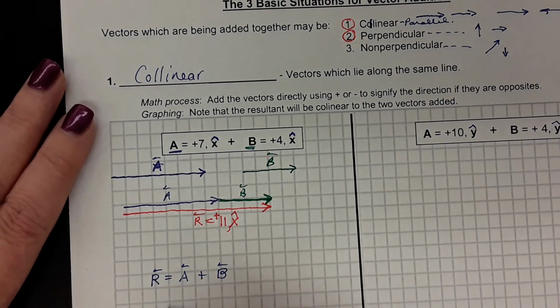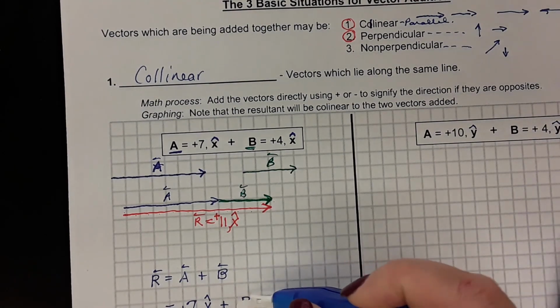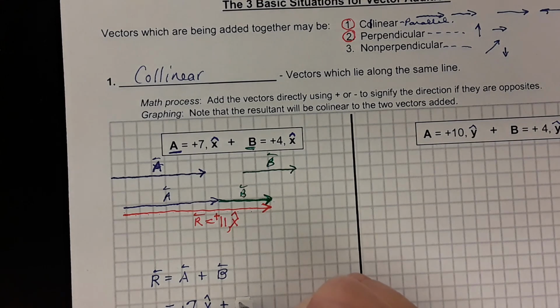All right? So now, we're going to say A is 7 in the positive x direction, plus B in the positive, there we go. Now we get it. 4 in the positive x direction.